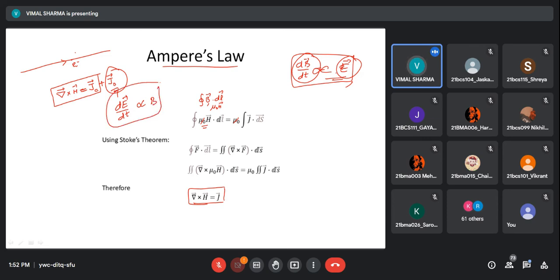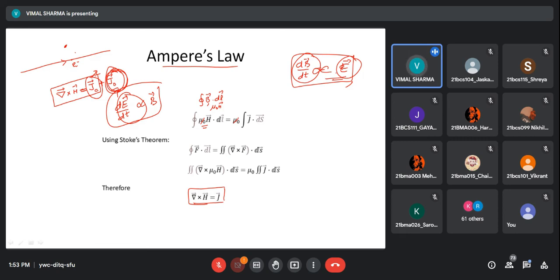You'll see what we mean by all this. So what I'm saying is the magnetic field is not only produced by conduction current due to flow of charge carriers, but there is one more contribution to this magnetic field, and that contribution comes from displacement current, that is d by dt of E. Whenever we have non-zero rate of change of electric field.